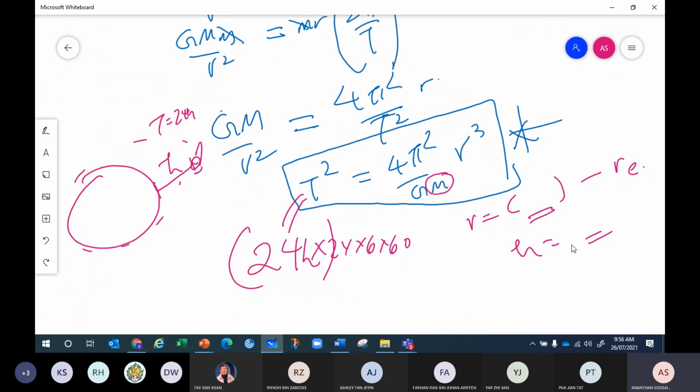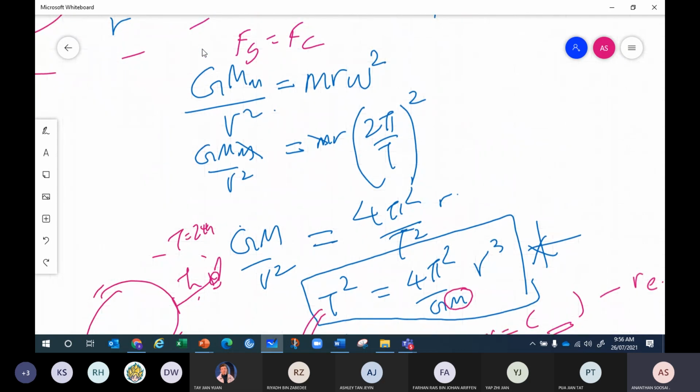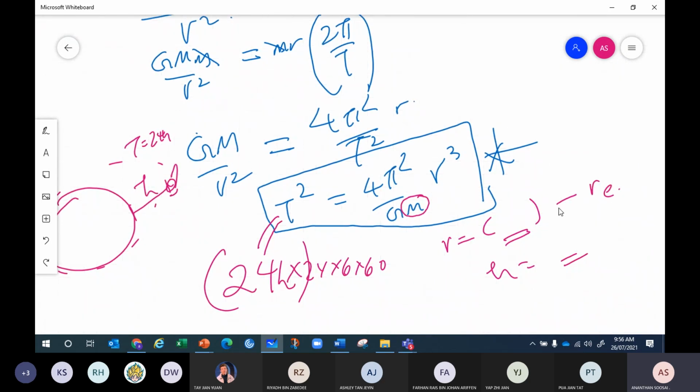So if they launch at that height, it should give a period of 24 hours. They launch it, it works. That means what Newton said is correct. The gravitational force is GMm over r squared. This is the proof, the application of Newton's law.